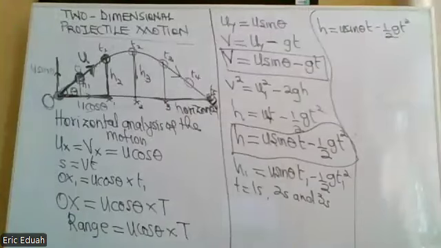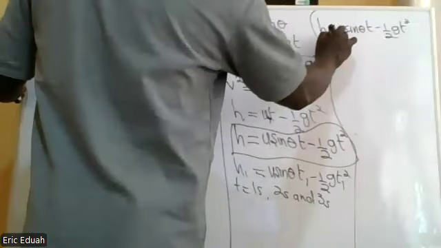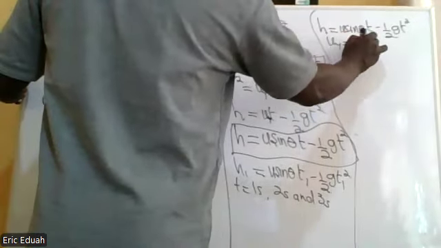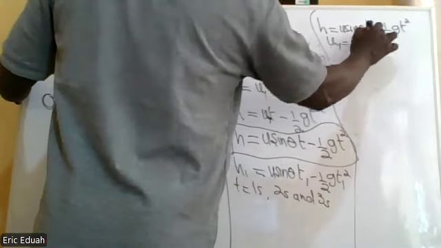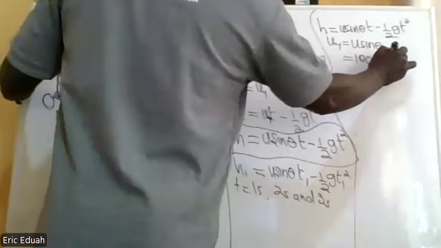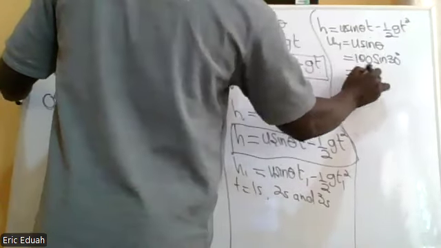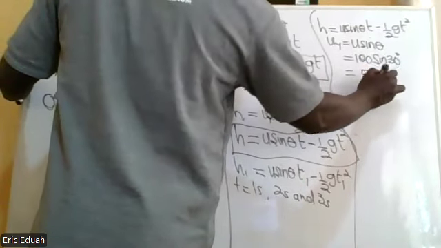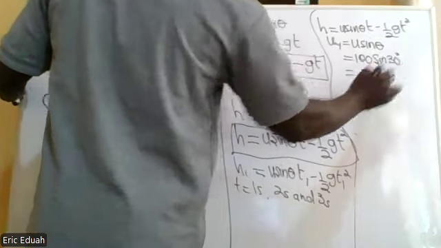But because u sine theta is constant, I can calculate the value of this and put it somewhere. So 100 sine of 30, so I know this is 50 meters per second.